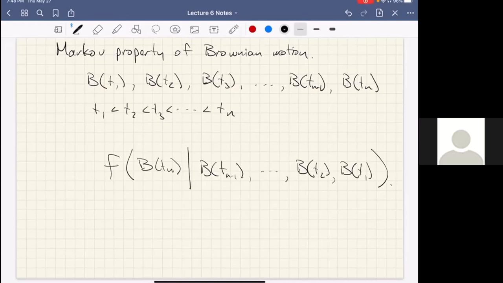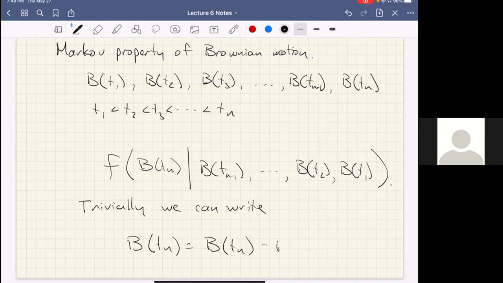So in order to get this, we already know by assumption B of Tn-1. But from that, how do we get B of Tn? Well, trivially, we can write B of Tn is equal to B of Tn minus B of Tn-1 plus B of Tn-1. On the right-hand side, I just subtracted and added B of Tn-1.